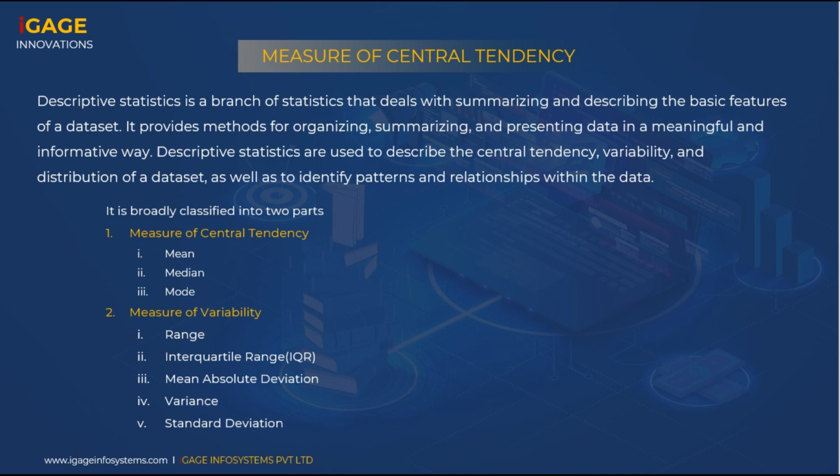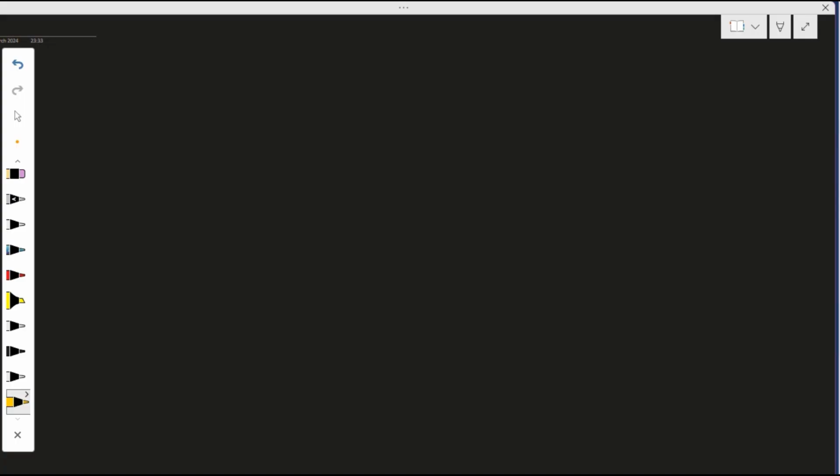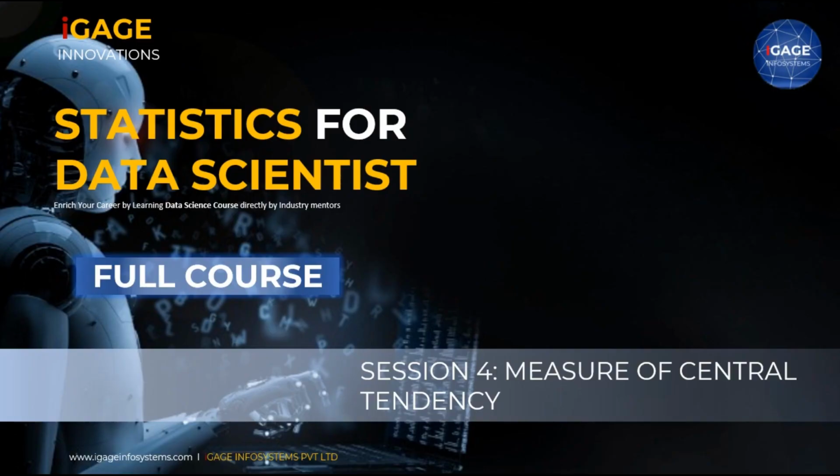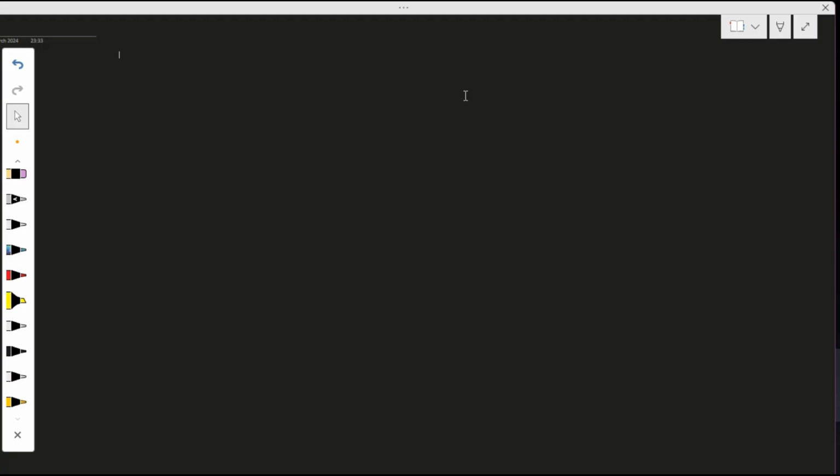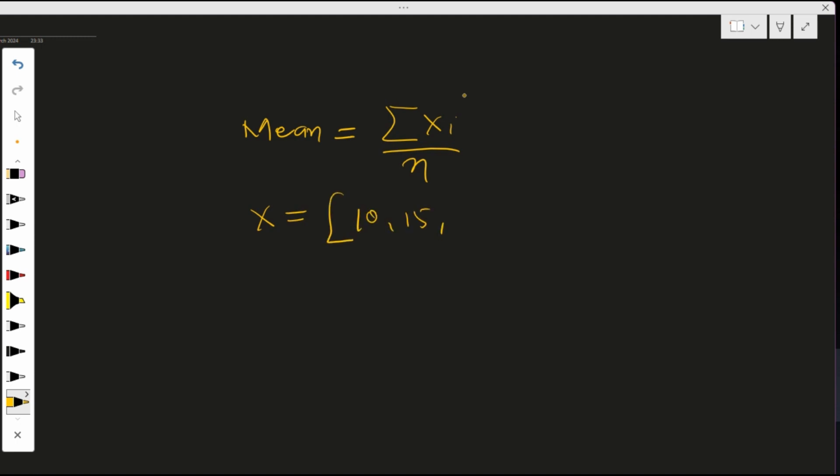So basically, the formula for mean is the summation of all the data points divided by the number of elements in it. Suppose let us take an example. We have data points 10, 15, 20, and 25.